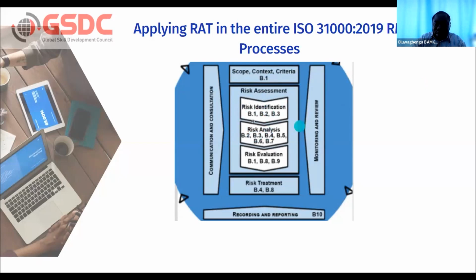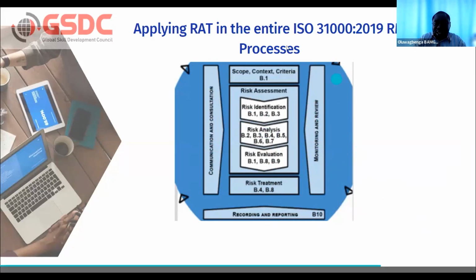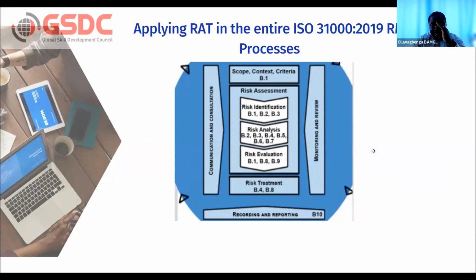Risk assessment itself uses B1, B2, 3, 4, 5, 6, 7, 8, 9. Treatment uses just 4 and 8. Recording and reporting use B10. And you can use any other means or techniques for your consultation and monitoring as the case may be. So they've even given us a lead on the appropriate techniques that we can use.